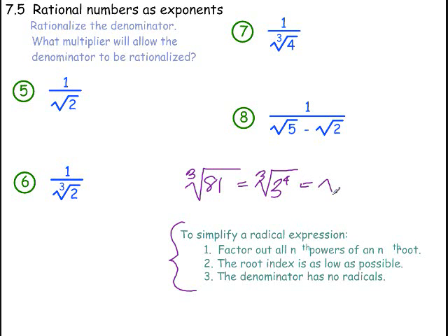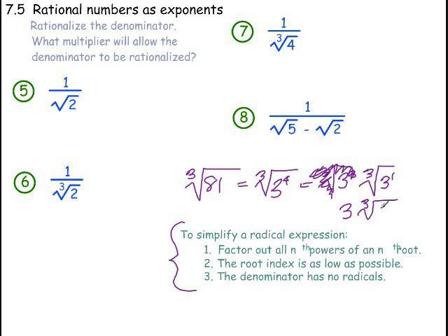We could have done other things too, but so I've got 3 to the 3rd power, 3 to the 1st power. And we know if I'm taking the 3rd root and the 3rd power, those cancel each other out. Radical disappears, and I end up with 3.